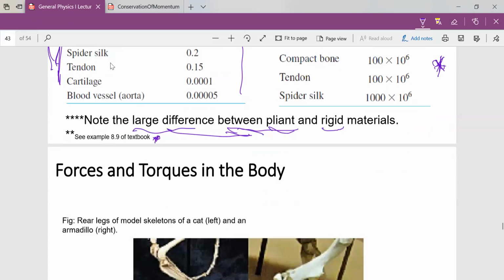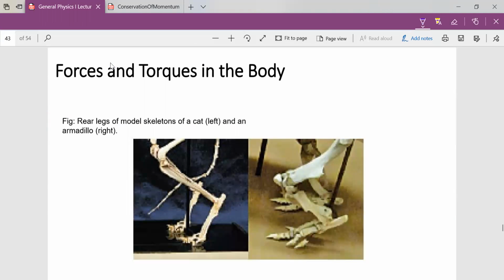Okay, so let's look at, we have looked at how stress, strain, and expansion are things that biological bodies respond to. Now we want to pick one that we've seen before, like force and tug. You remember what force is and what tug is.